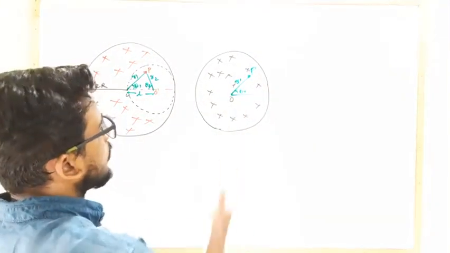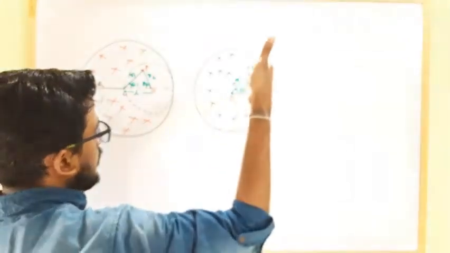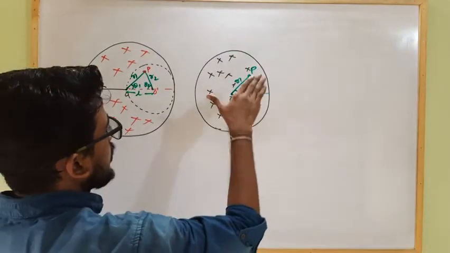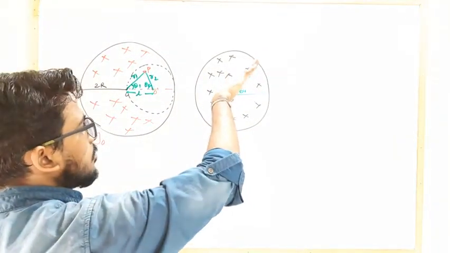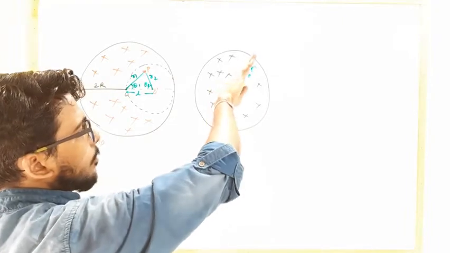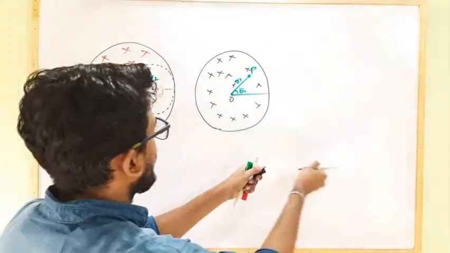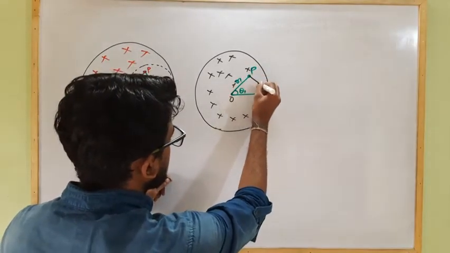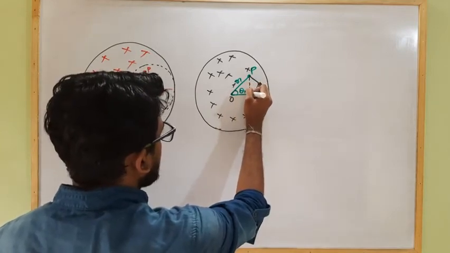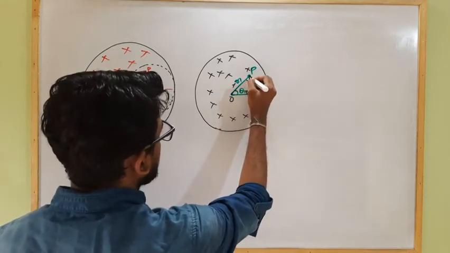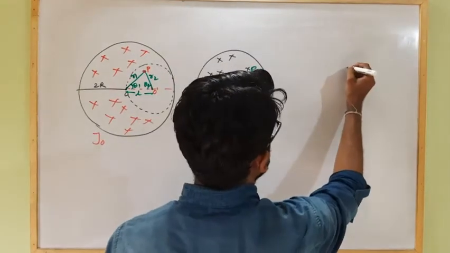Let it be B1. By the right hand palm rule, this is the position vector, this is the magnetic field direction. The current is inward, this is the position vector, so the magnetic field will be perpendicular to R1. If this is theta 1, this is 90 degrees, this will be 90 minus theta, and this will be theta 1 again.